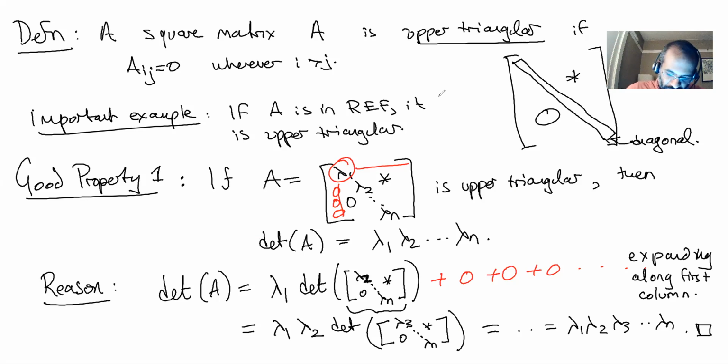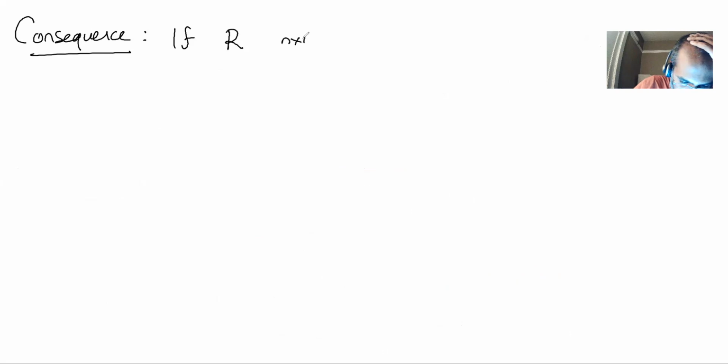And this reveals the first hint of why this is a good function. Remember, we wanted to use this function to check if a matrix is invertible. What's going to happen if I apply this to a matrix in row echelon form? So the consequence is, if a matrix, let's call it R, n by n, is in row echelon form, then it has n pivots.